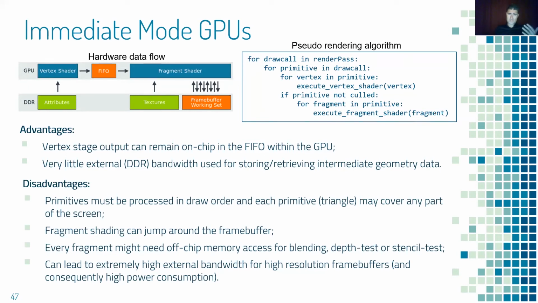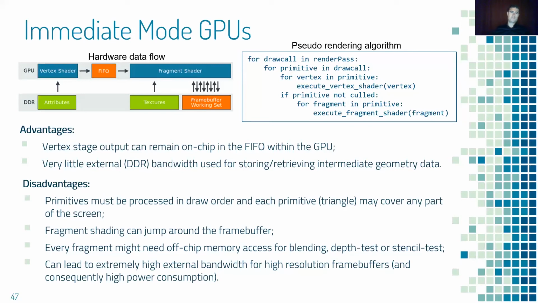So what often happens is that fragment shading can jump around the frame buffer, which means that every fragment might need off-chip external memory access for color blending, depth test, and stencil test. This can lead to extremely high external bandwidth for high resolution frame buffers, and this in turn leads to high power consumption.